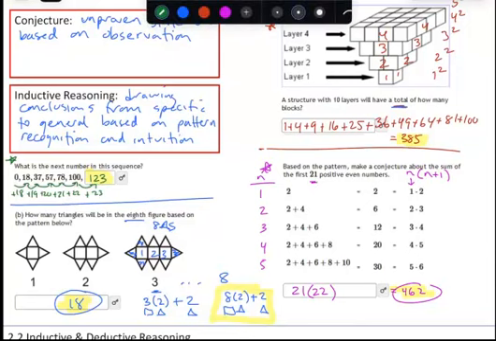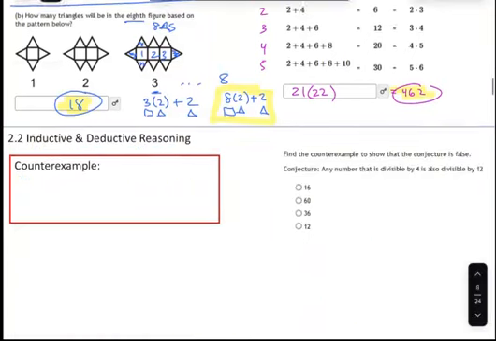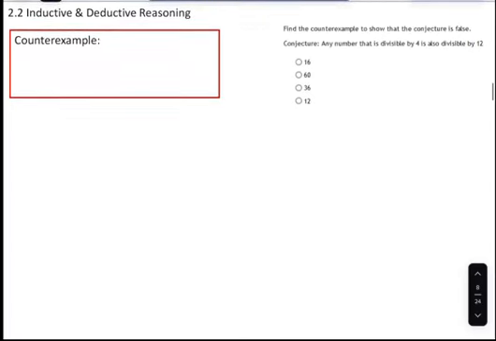All right, so in the 2.2 material, some of the questions are going to be these inductive reasoning problems. Okay, find the pattern based on what you see. Okay, we've seen this word. This word showed up in 2.1. We're going to define it more specifically here. But a counterexample is going to be a specific case where a conjecture is false.